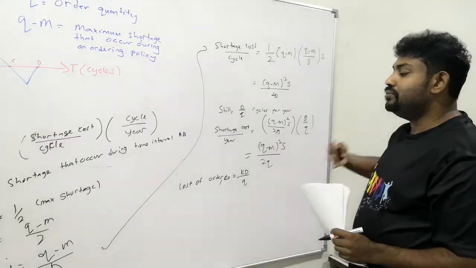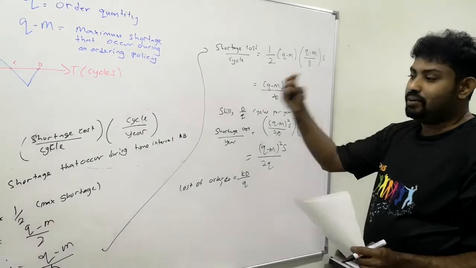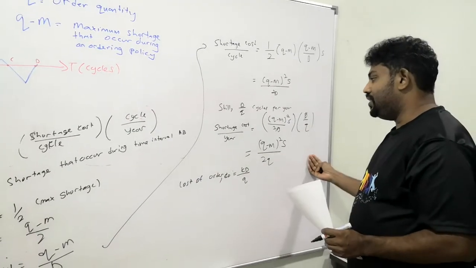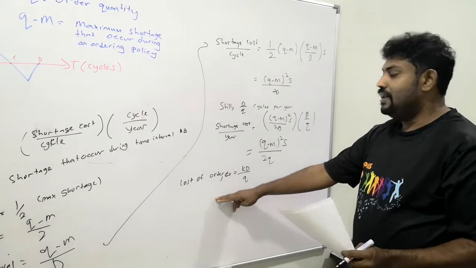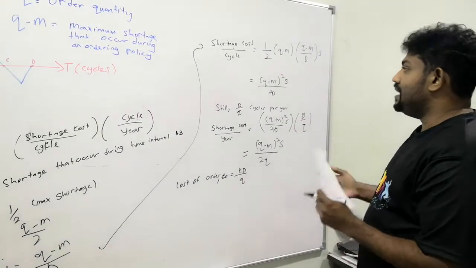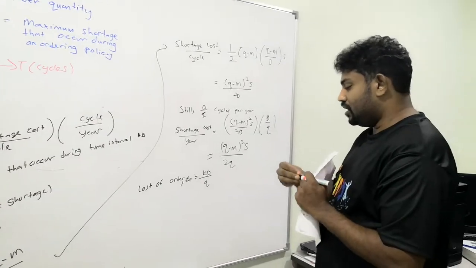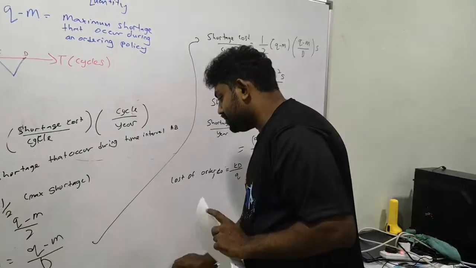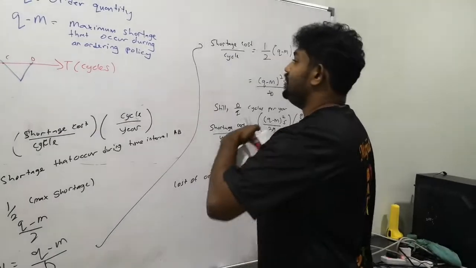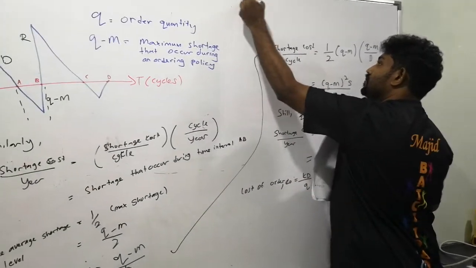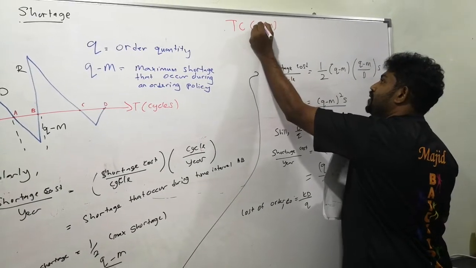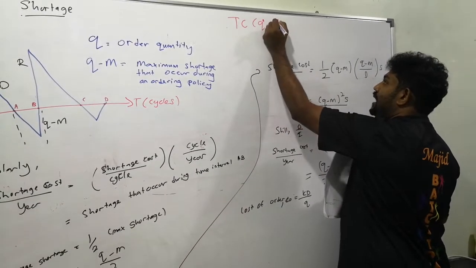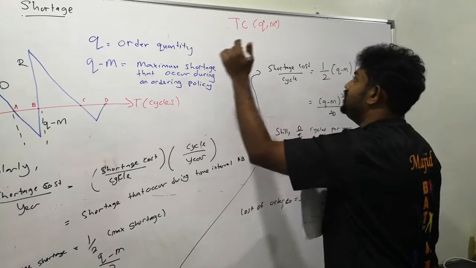Since we are going to use the formulas for our holding cost, our shortage cost per year, and also the cost of order, we can form a new total cost under Q and M. Q means the quantity ordered during shortage, and M is the maximum inventory.